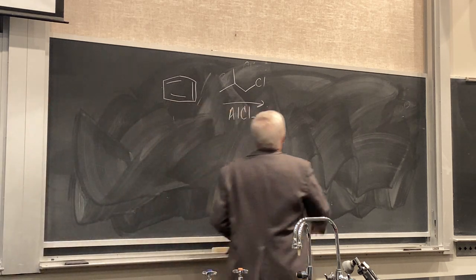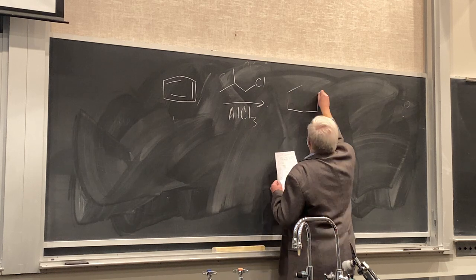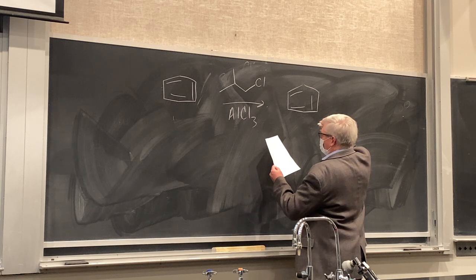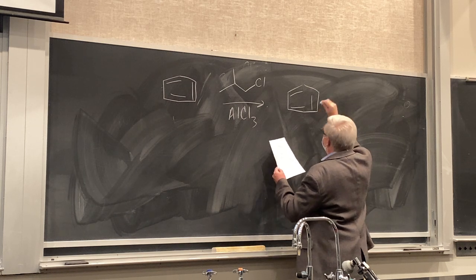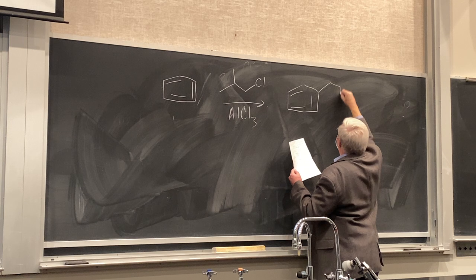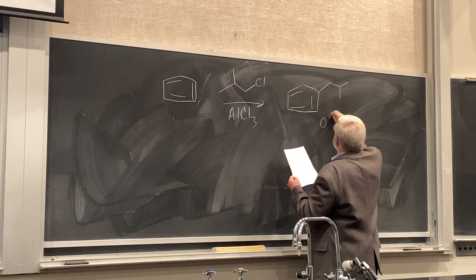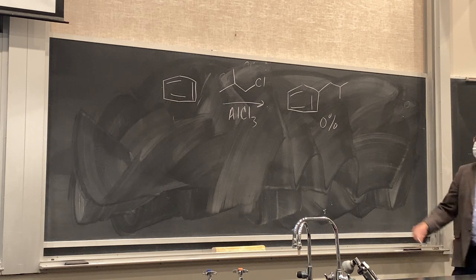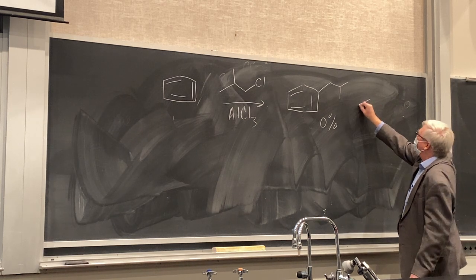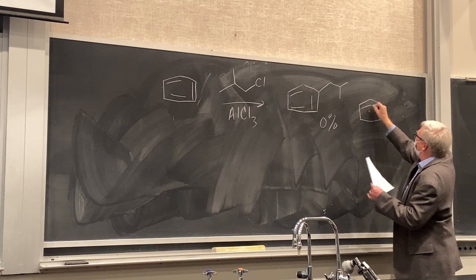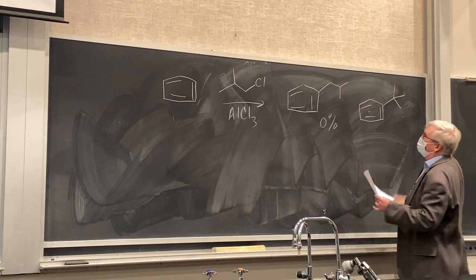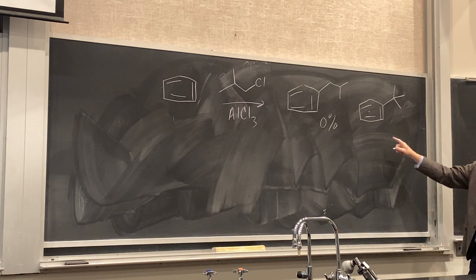But guess what? This actually is a product. Let me see. Do I have these numbers here? Oh, this one, in this case, you get a 0% yield of that one. You get a product, though. It's not that. Instead, it's this. This is the true product, tert-butylbenzene again.